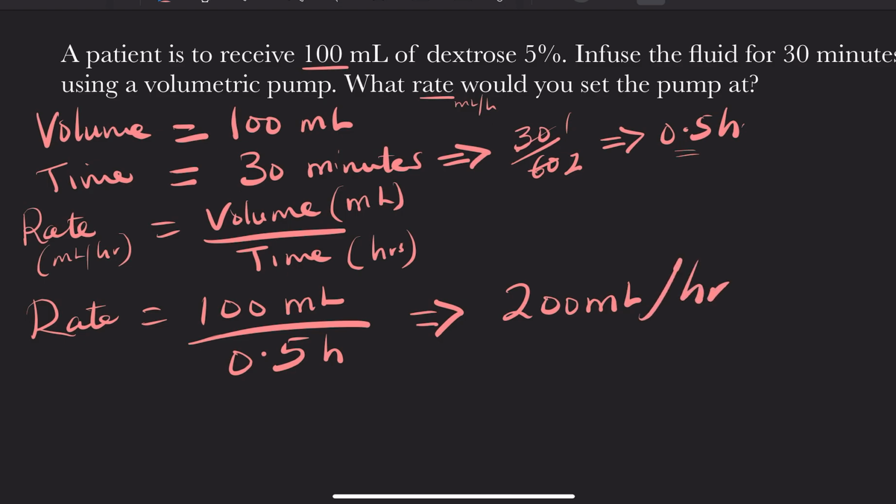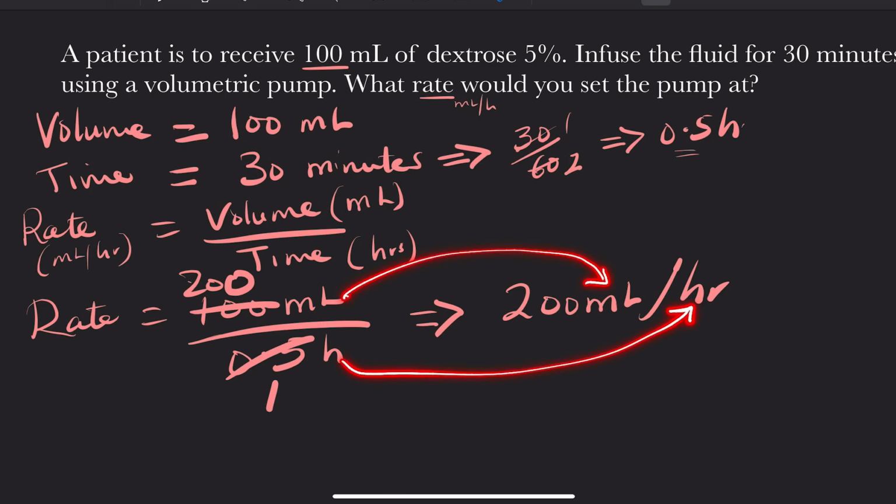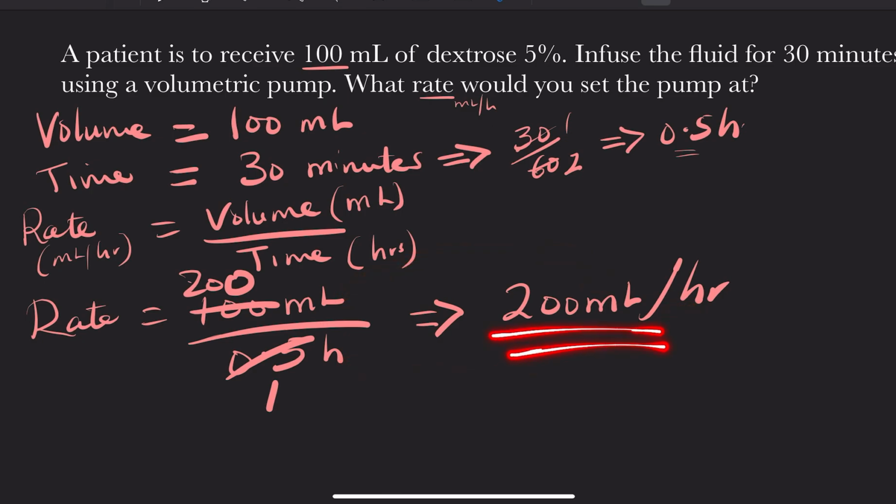And what I mean by this is, 100 divided by 0.5, if you have to use your calculator, this will be 200. And that means this will be 200 mils per hour. And you got the hours just over there. And this becomes your final answer.